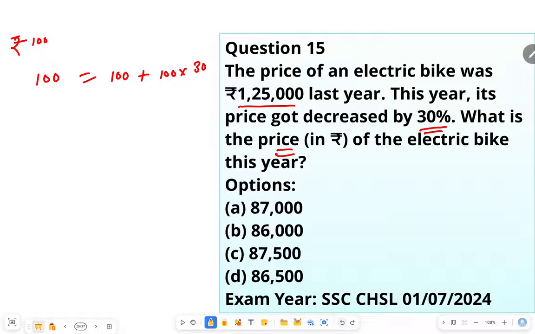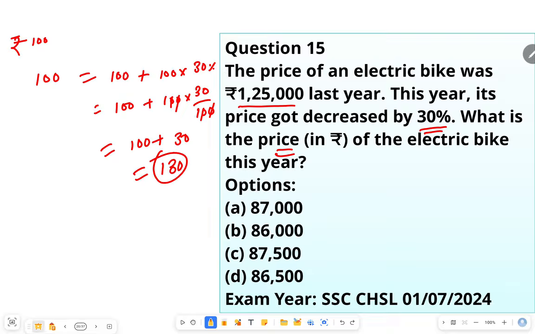Wait, one more step I will take. You had 100, and then you got an increment of 30%. So how much do you have? You will add 30, 130.